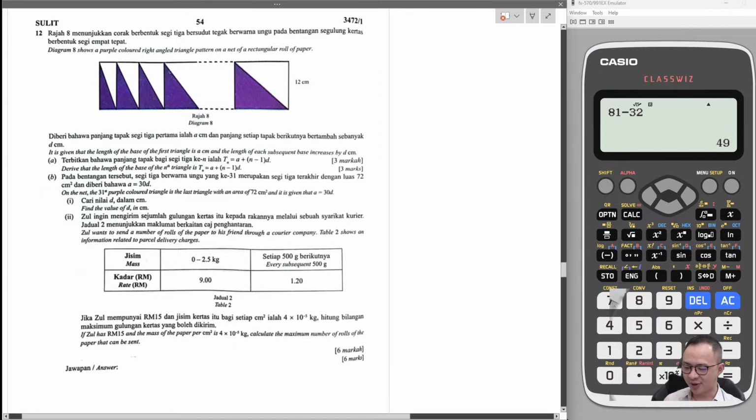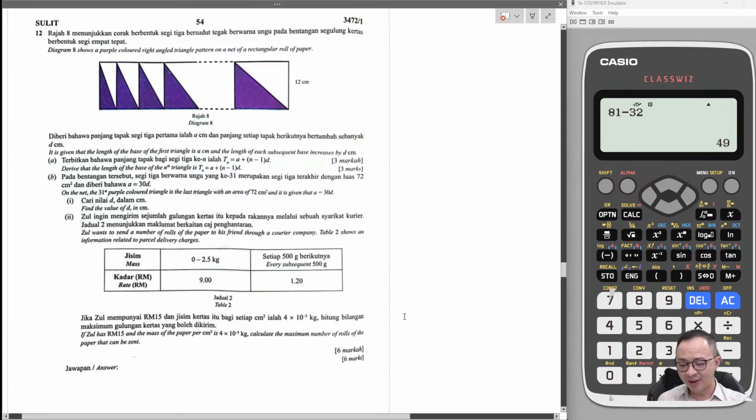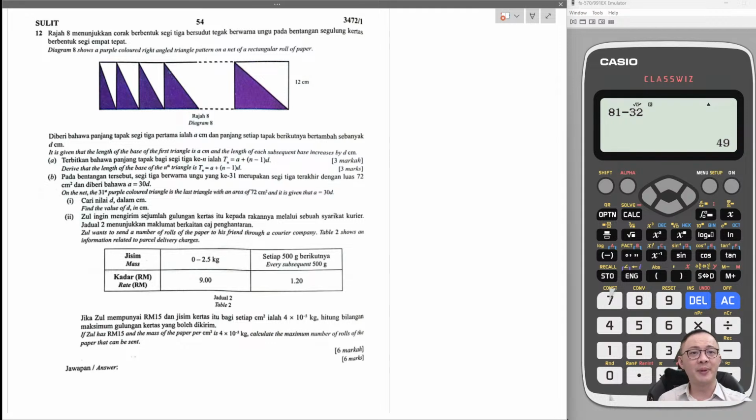Alright, next question. The diagram actually shows right angle triangle patterns on the net of a rectangular roll paper. It's given the length of the base of the first triangle is A centimeter. Okay, they're talking about base only.